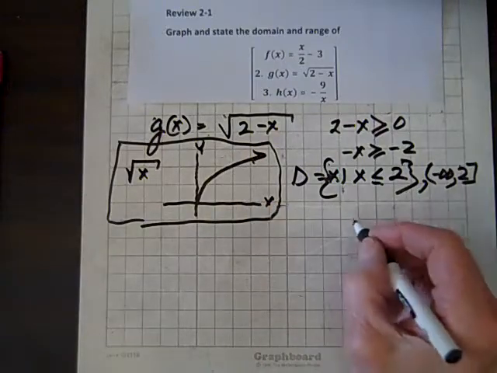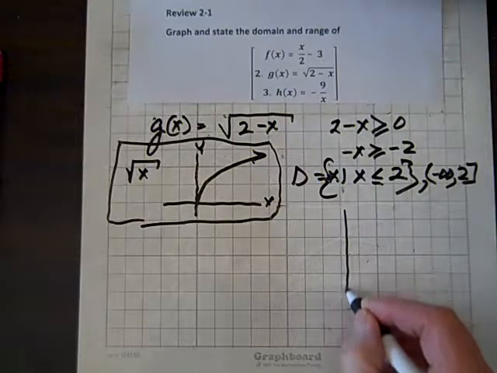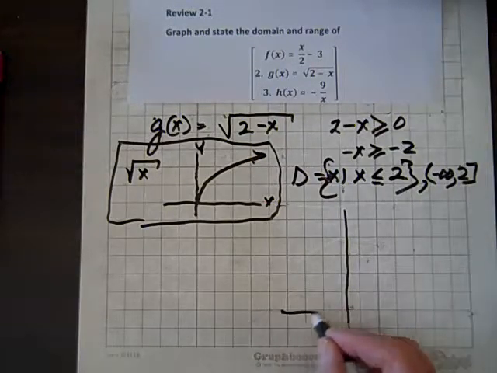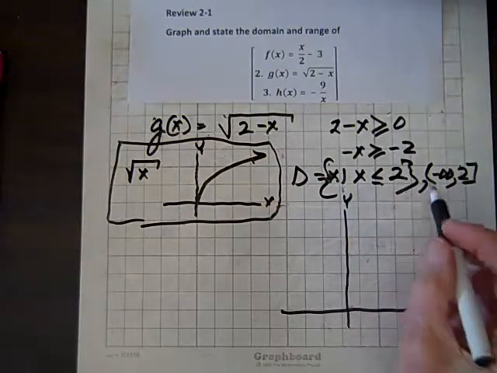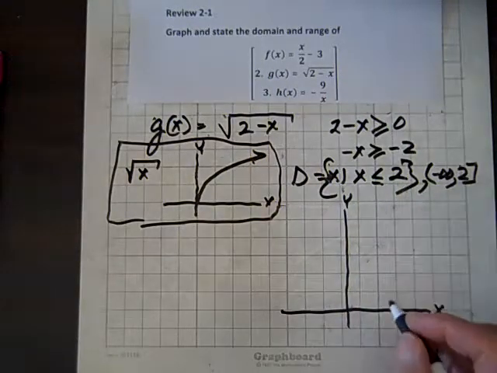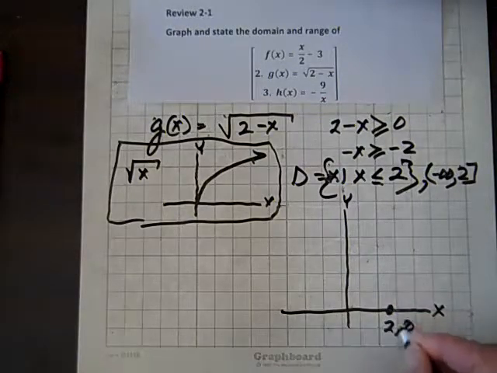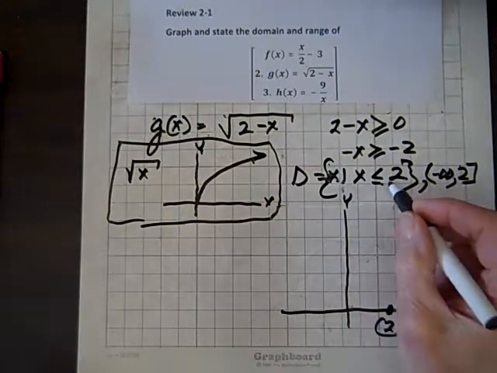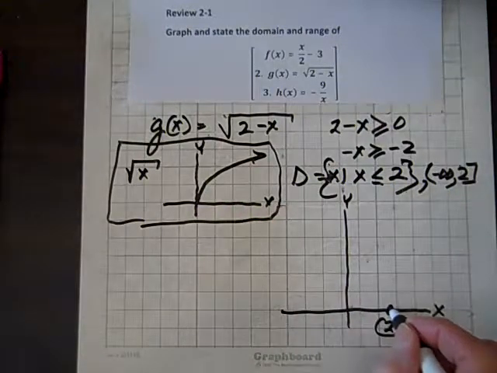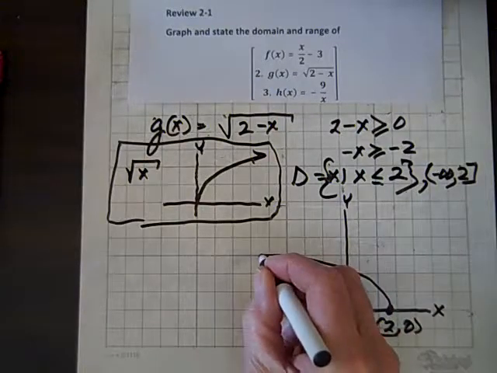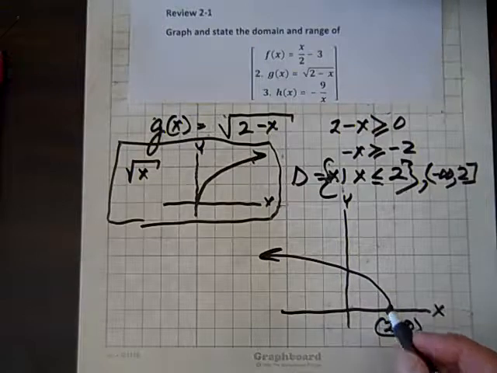So let's graph this thing now. And here it says the domain, 2 is in the domain, so 2, 0, and x is less than or equal to 2. Well, if it has that general shape, then it must look like that because x is less than or equal to 2. So there we have the graph.